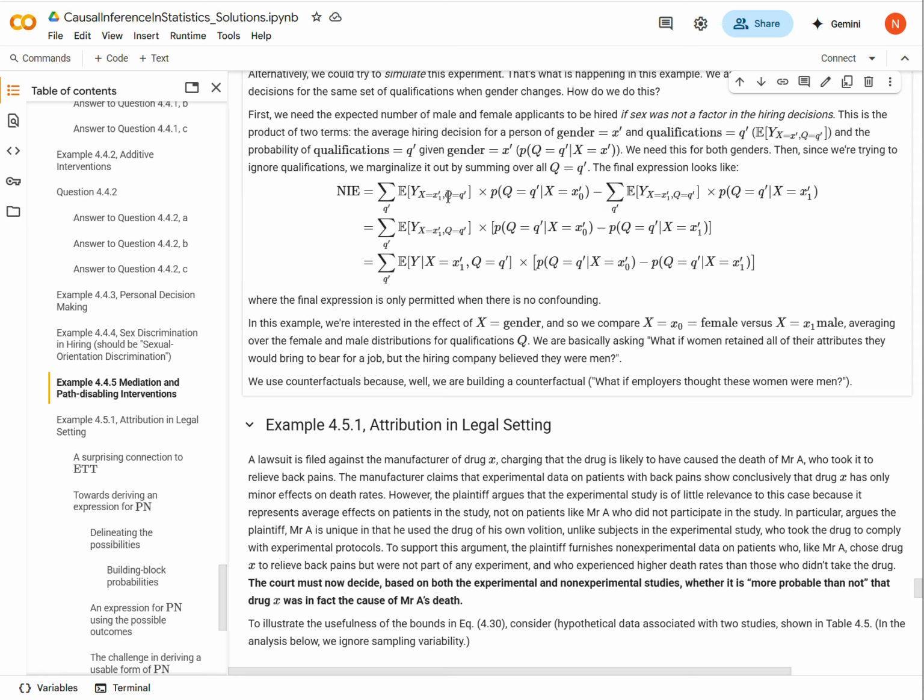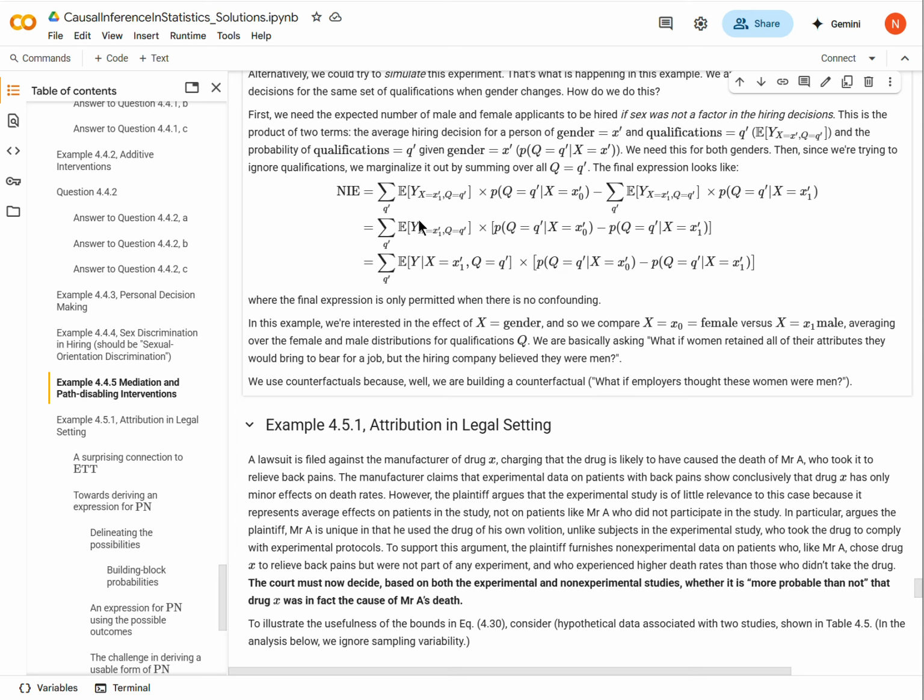Because we don't really care about Q, we're trying to marginalize it out, right? We want to know the effect of X, so we marginalize over Q, okay? And so we can simplify this, they both have this term in common, so we can just take that out, and then multiply it by the difference in the probabilities of the qualification Q prime.